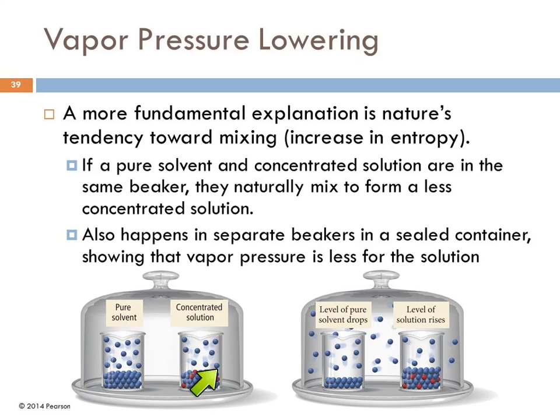What will eventually happen is that the level of pure solvent in this beaker will drop and the level of solution will increase. And that almost seems magical or something, doesn't it? That just shouldn't happen. How does liquid get from this beaker to that beaker? Nobody's pouring it. There's no straws or trapdoors or anything.